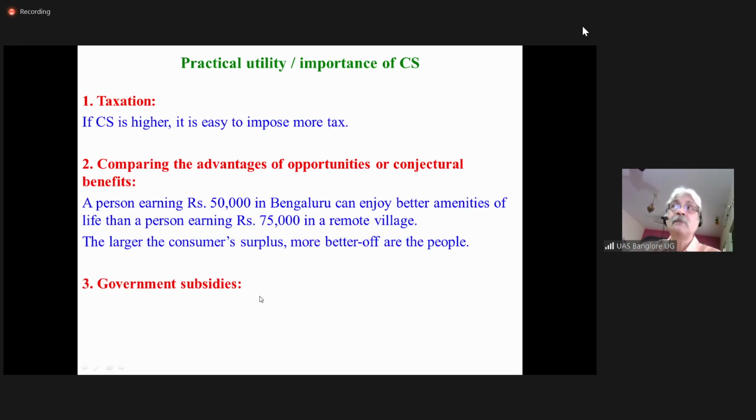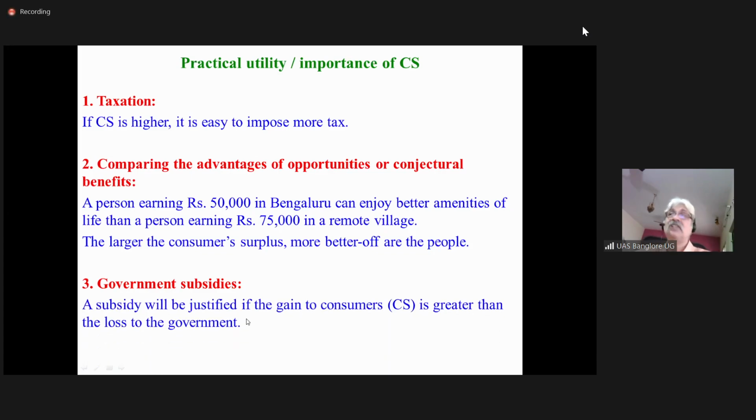Then government subsidies, whether it is worth for a government to give subsidy for some commodities, maybe for the consumers or maybe for the farmers. A subsidy will be justified. We say it is worth giving subsidy if the gain to consumers, that is, the consumer surplus, is greater than the loss to the government.